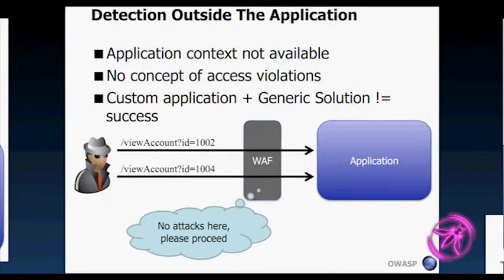Okay, so outside of the code, what are some challenges? Well, we just highlighted one of those, the whole context with authorization and access control. Some other issues are encoding issues. If anybody's played around at all with the differences between PHP and ASP and Java, they handle different encodings in certain ways, with some nuances there.